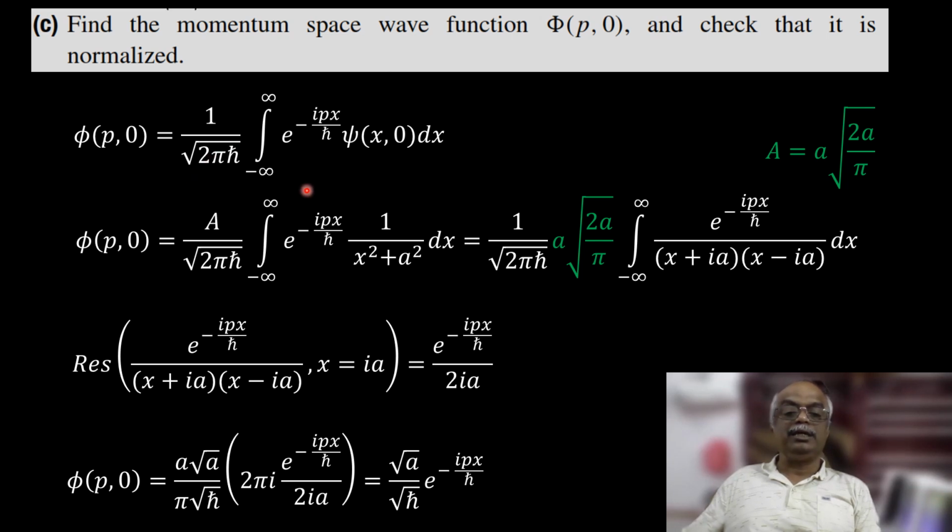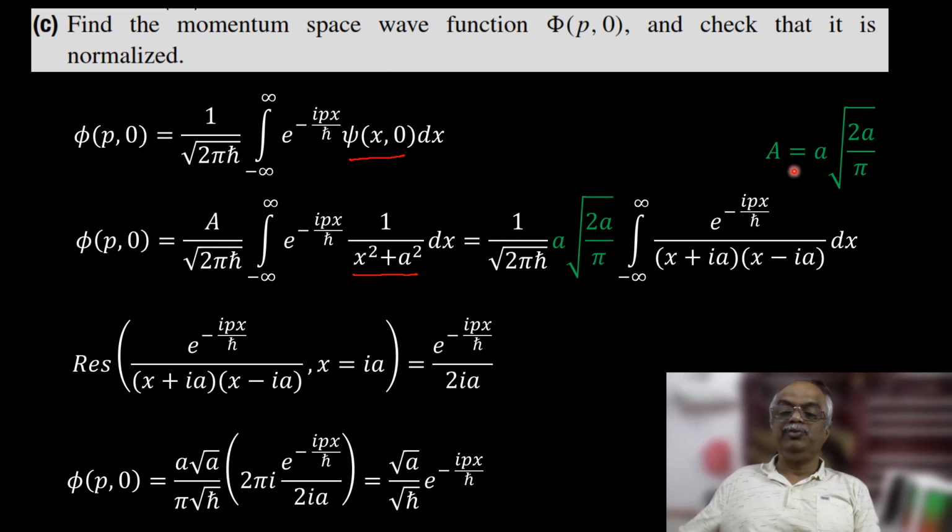Now you can replace this psi of x by the wave function, this one. The wave function by definition is 1 over x squared plus a squared, of course with the normalization constant.